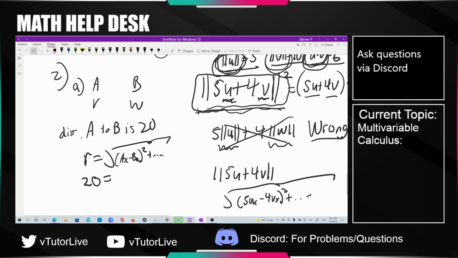And you ought to be able to just plug in the values of A and B. I don't think there's too much else to say about that one. Would anybody like me to do it explicitly, or should I move on? Don't get too distracted by the fact that A and B still have an unknown in them. For the purposes of part A, it's not asking you to solve anything.